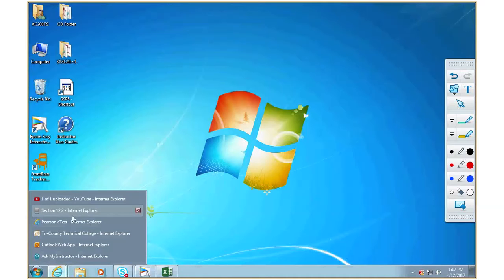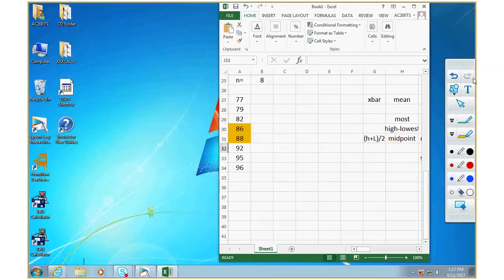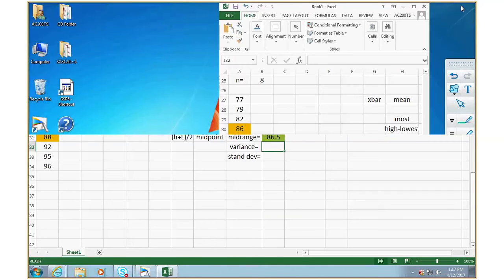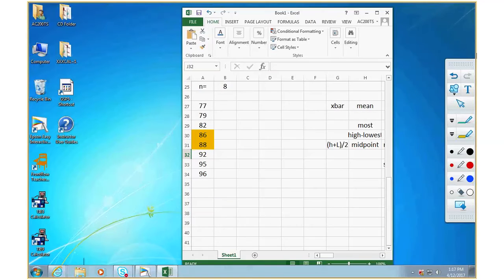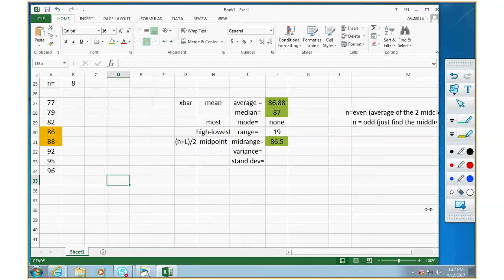All right, where was I? Oh, spreadsheet. There we go. Why isn't it coming up? It's not supposed to do that. No, I'm trying to find my transparency. It's not working. My marker's not working. Let's see if the marker works.